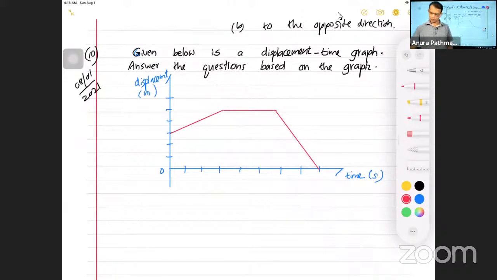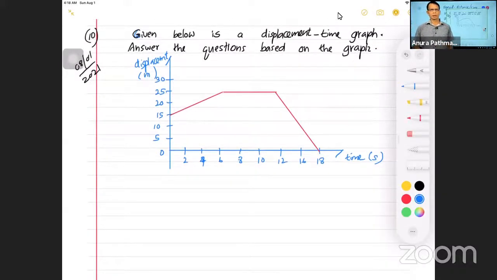So this is the moment, and I'm going to put the time 2, 4, 6, 8, 10, 12, 16, 18 seconds. Right. 5, 10, 15, 20, 25, and 30. So you can have a graph like this.